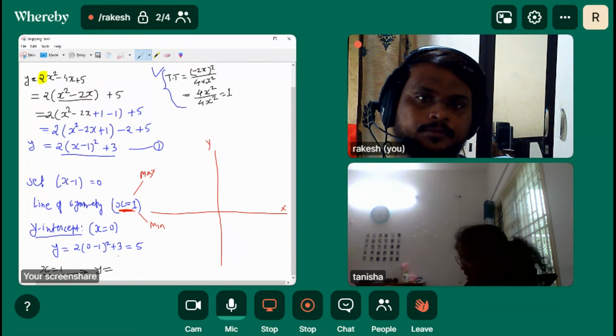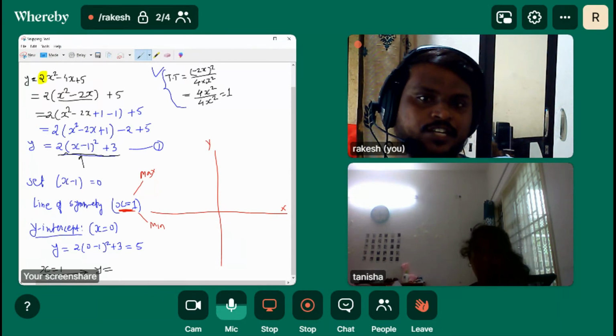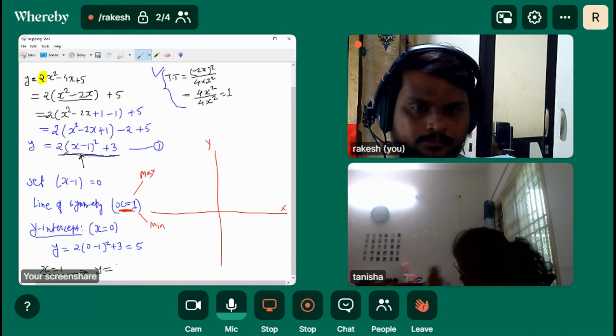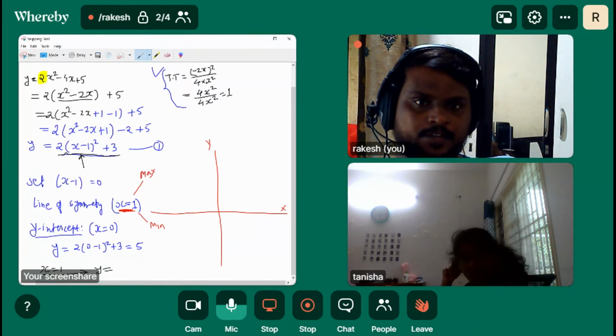No, no, no. When you plug x is equal to 1, you want this bracket to be 0, right? We are plugging x is equal to 1 in this equation.